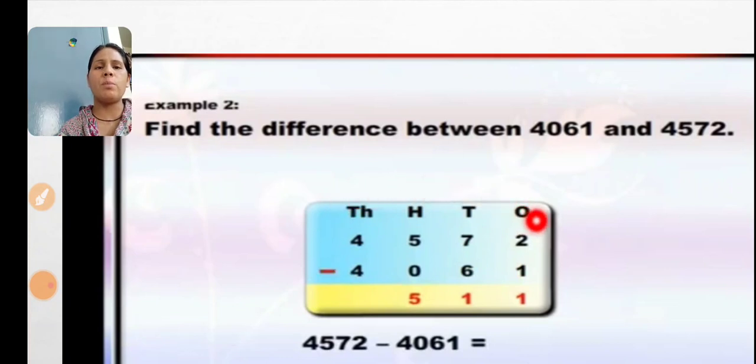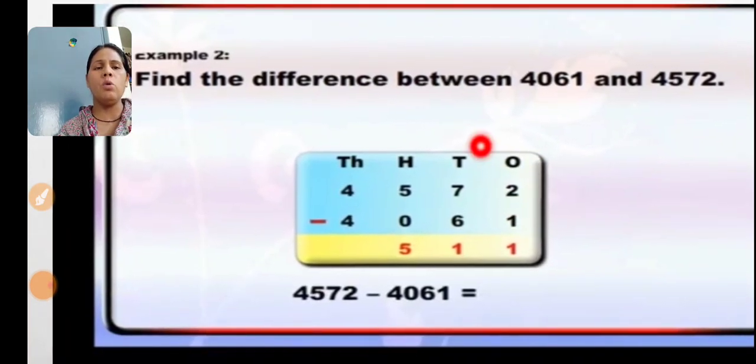And now let us start subtracting. Now move to our step number 3, that is always start subtracting from ones, then tens, then hundreds, and then thousands. So subtract ones. 2 minus 1 is equal to 1. Now subtract tens. 7 minus 6 is equal to 1. Now subtract hundreds, which means that is 5 minus 0.